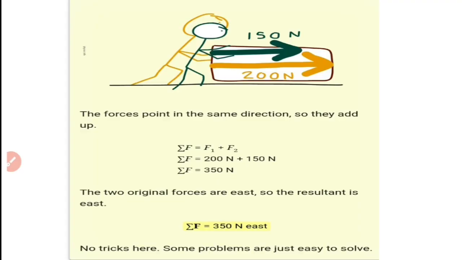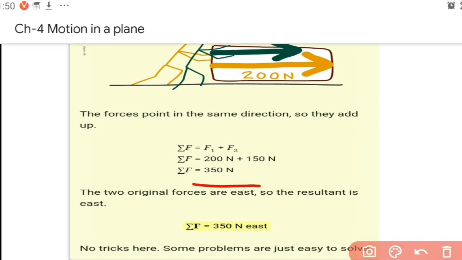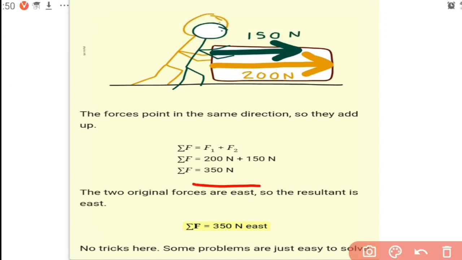Here both the forces are in the same direction. As we discussed earlier, it's enough to just add the two magnitudes to find the resultant magnitude. So we'll get 350 Newton as the resultant force. And the direction of the resultant force will be towards east. So this is an easy question.